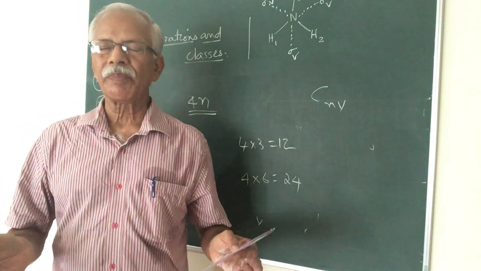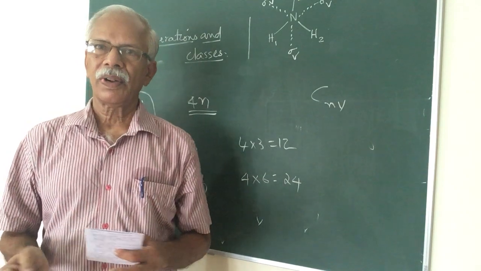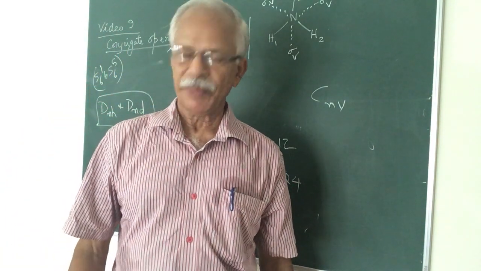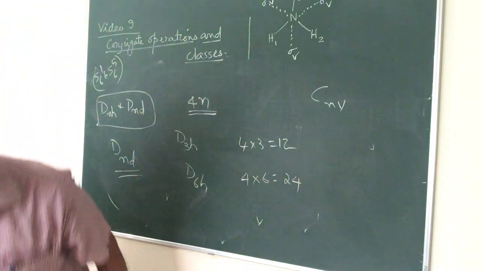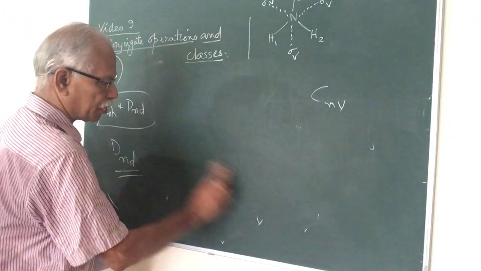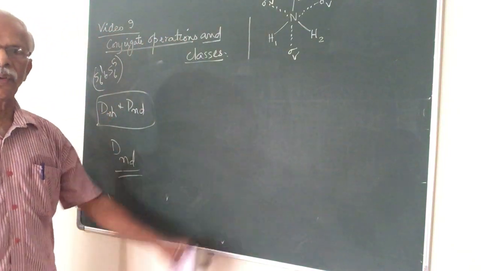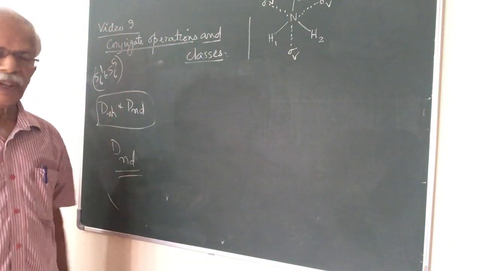Then, regarding products of operations, the product of any two proper rotations will also be a proper rotation. These are some tips which will be helpful to you in the pursuit of group theory.